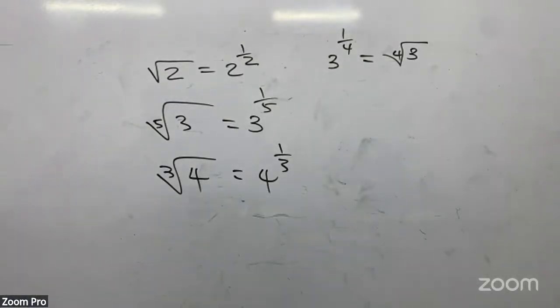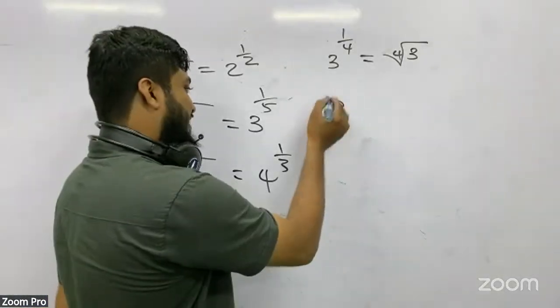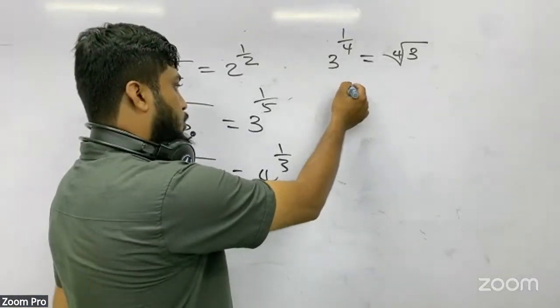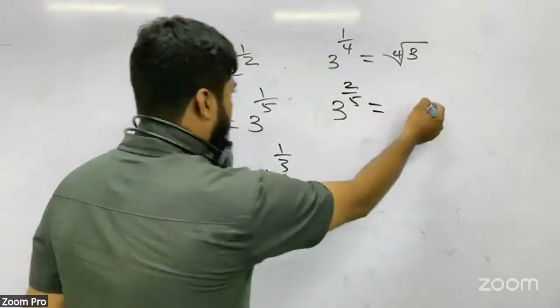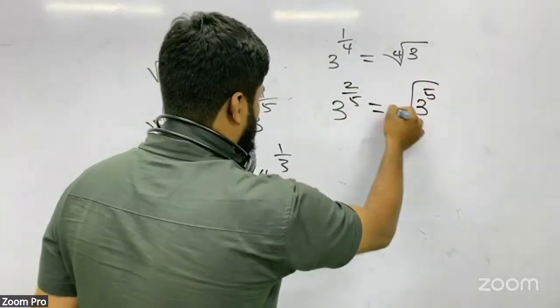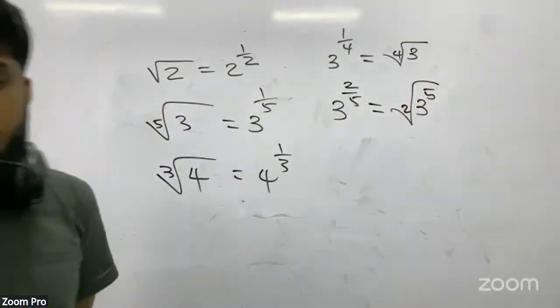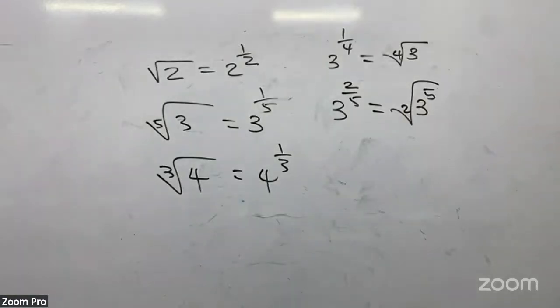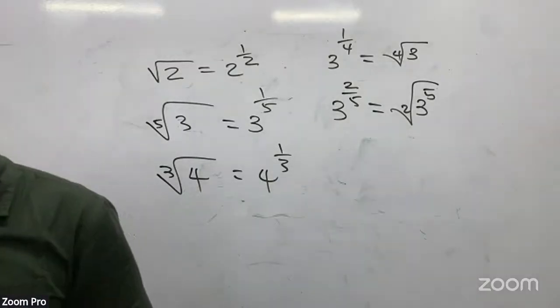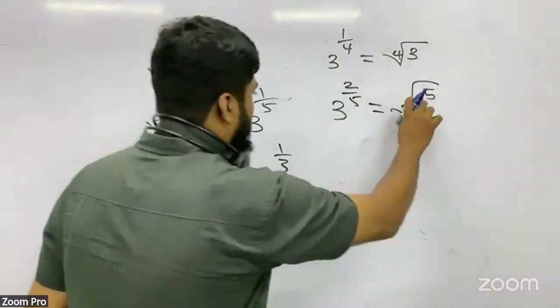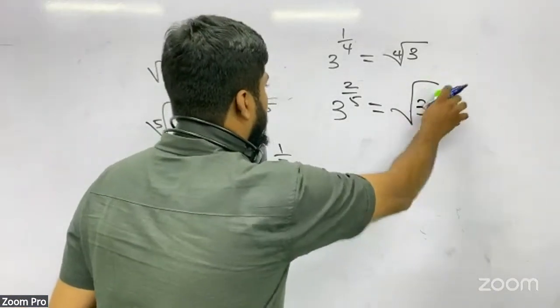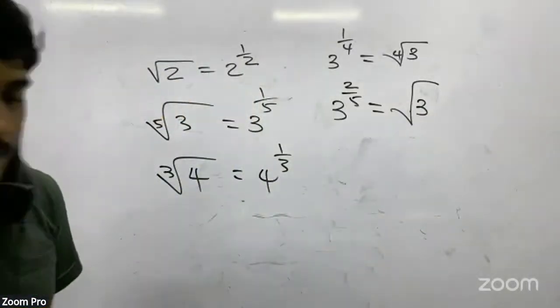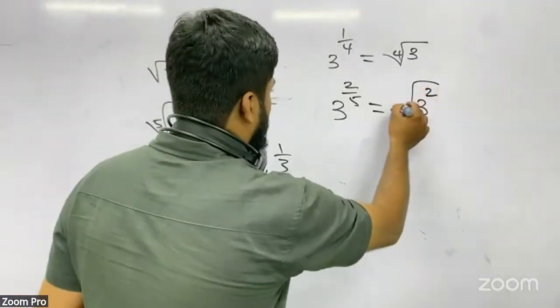3 to the power 2 over 5. Then how will it come? 5 root 3 to the power 2. Sorry, it's supposed to be the other side. This 2 should come as the power, and 5 should be here.